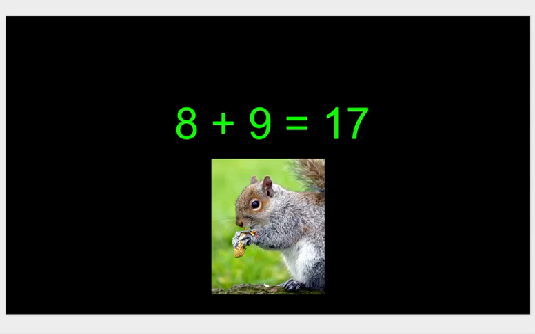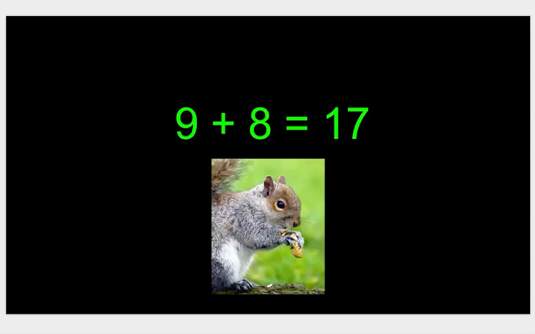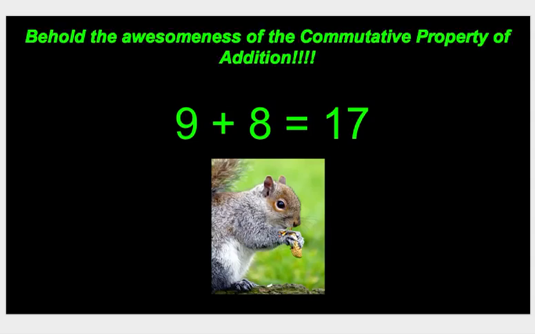Look what happens when you flip it around. 8 plus 9 is equal to 17, and when we flip it around, 9 plus 8 is still equal to 17. So cool, right? This is the awesomeness of the commutative property of addition, or as we can call it, the turnaround rule. 2 numbers can be added in either order, and their sum will still be the same.